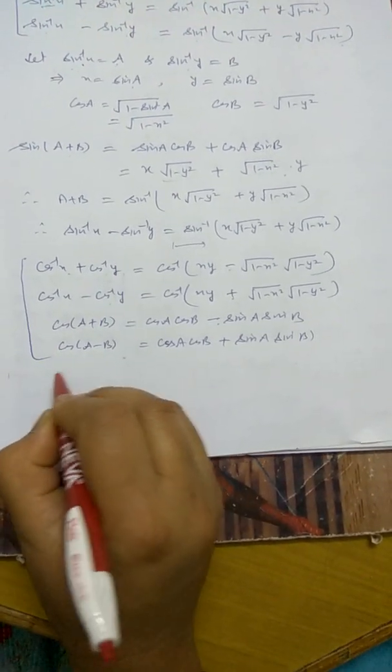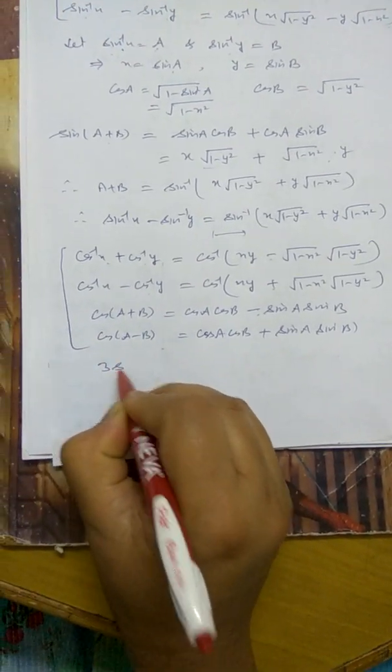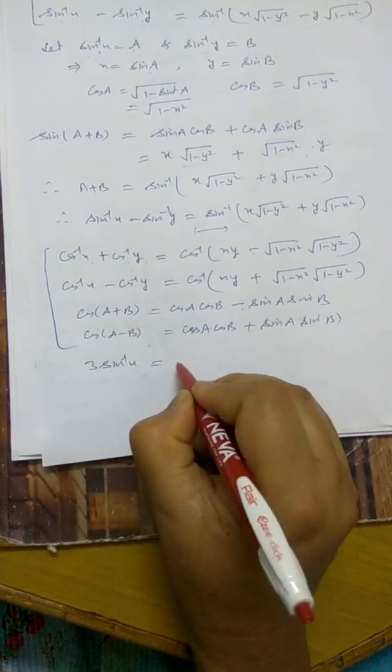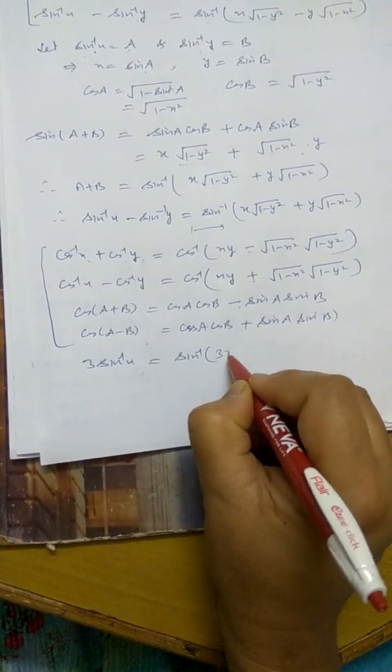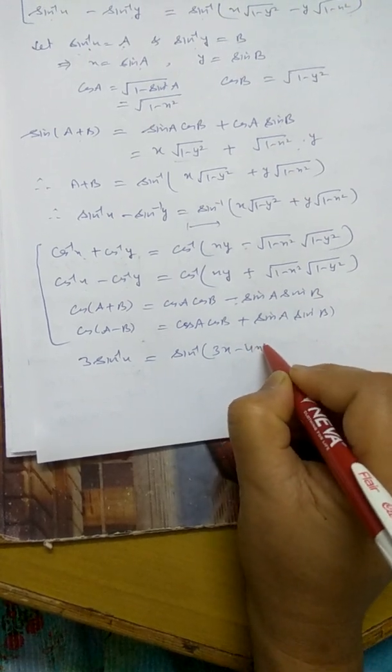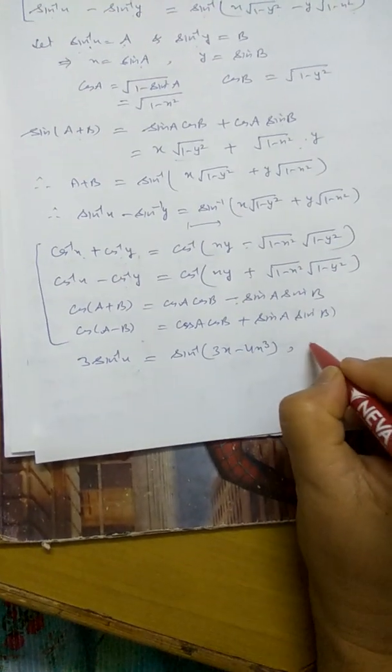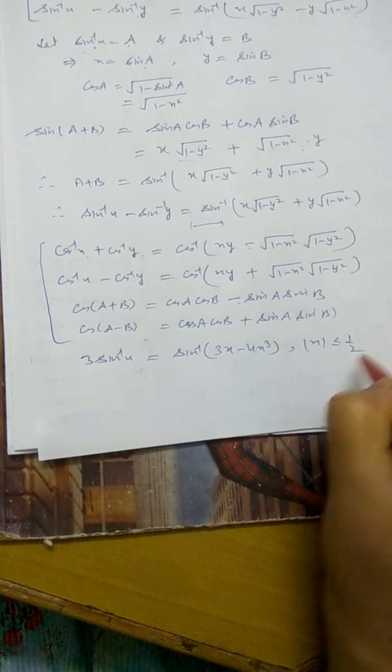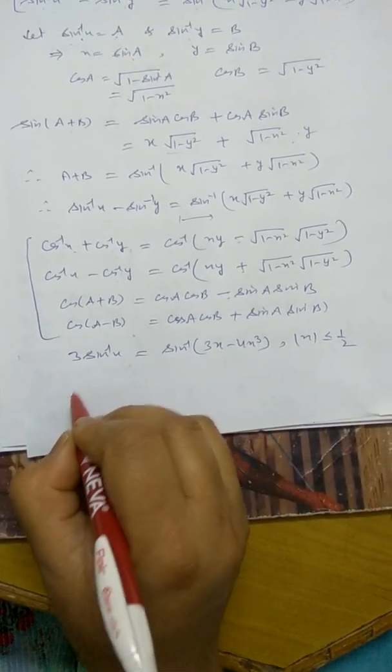And next one, 3 sin inverse x is equal to sin inverse of 3x minus 4x cube, and here mod of x is less than or equal to 1 by 2.